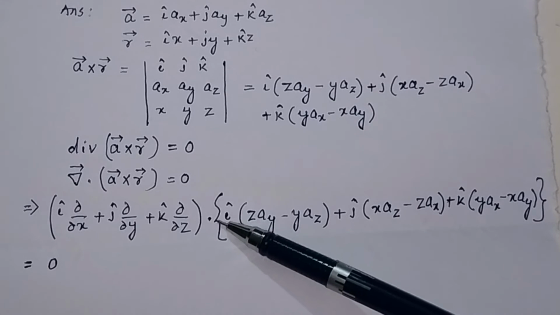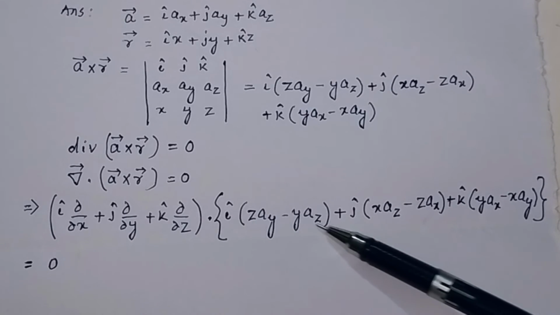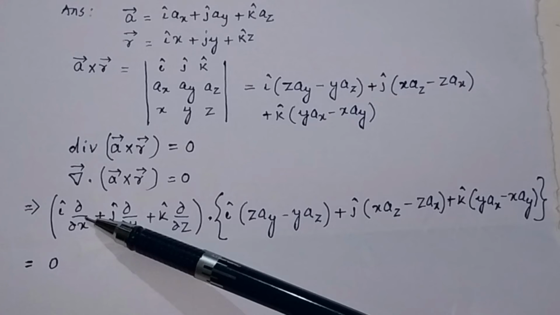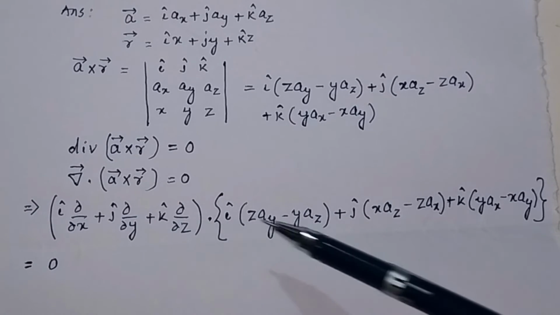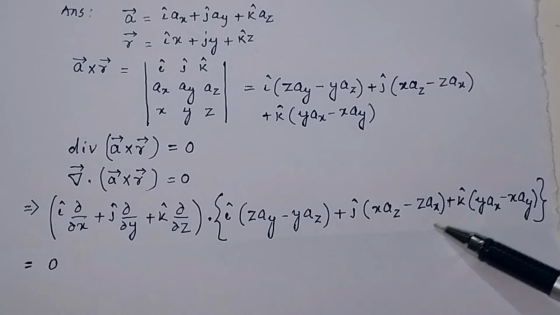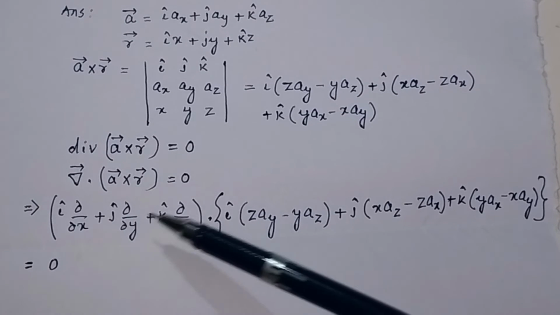If you take the dot product of the del operator with this A cross R vector, then you have i dot i, j dot j, and k dot k equal to 1, and other dot products are equal to 0. So we will only take i dot i.